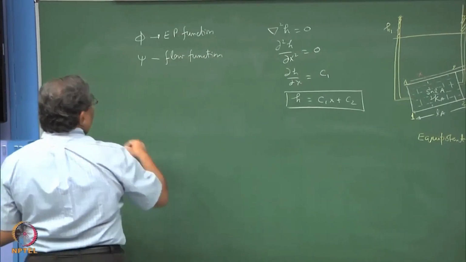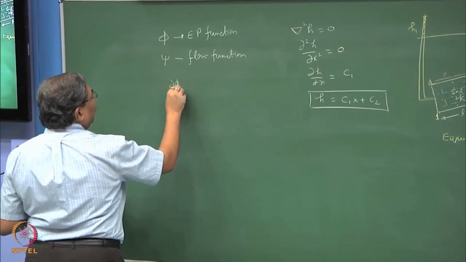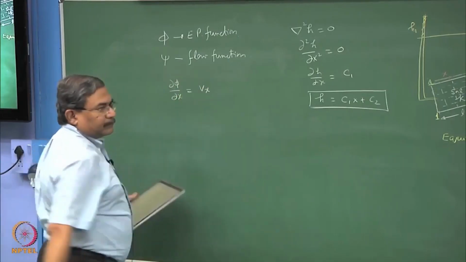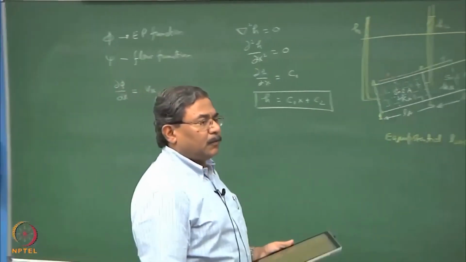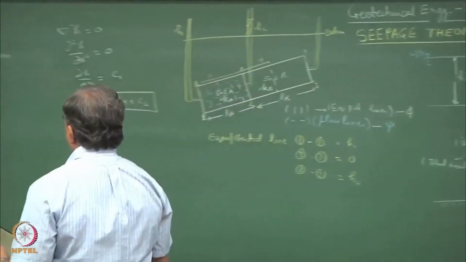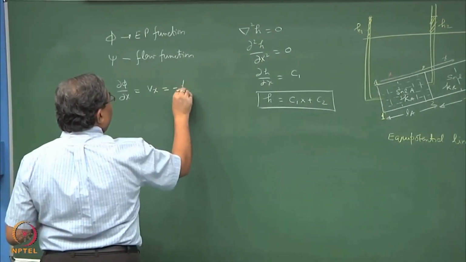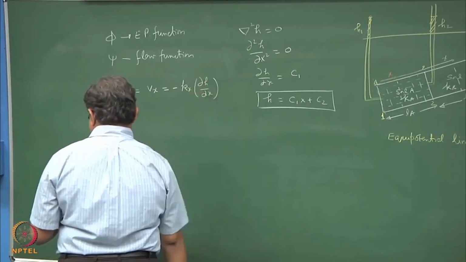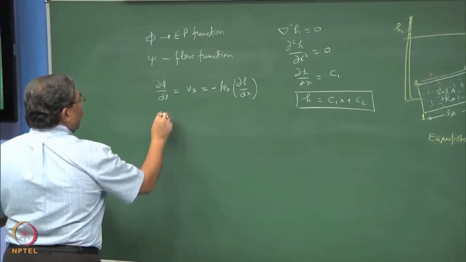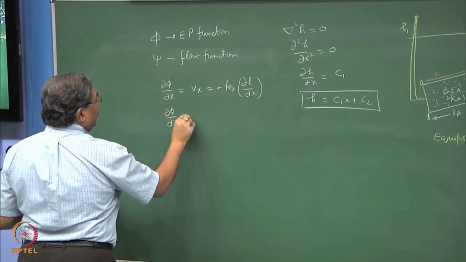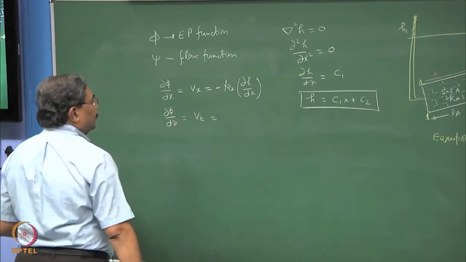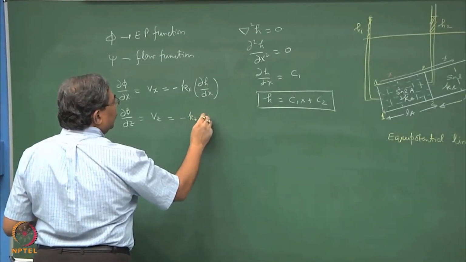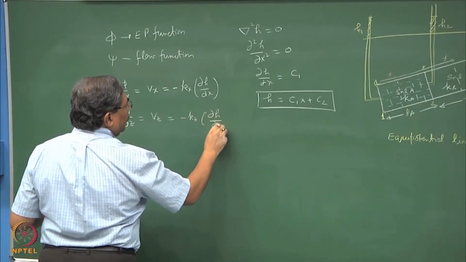The characteristics or the properties of these functions are that if I say del phi by del x, this will be equal to Vx. All right. And this is what is equal to minus kx del h upon del x. And del phi over del z will be equal to Vz, the discharge velocity, minus kz del h upon del z.